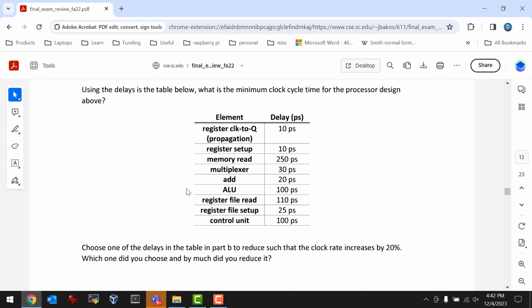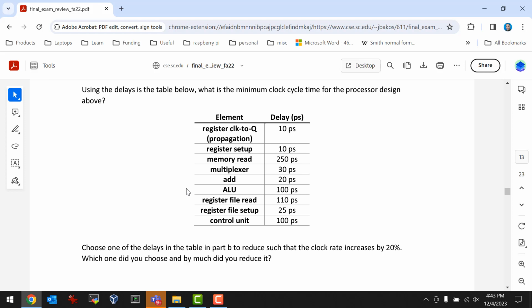So I think we'd start with 10 picoseconds. And then we have the instruction memory. So I think that's going to be 10 picoseconds, right?